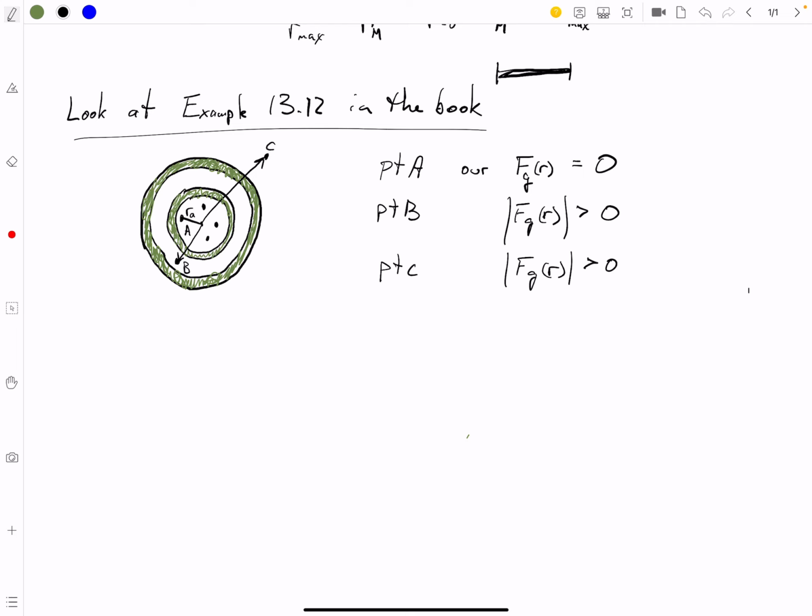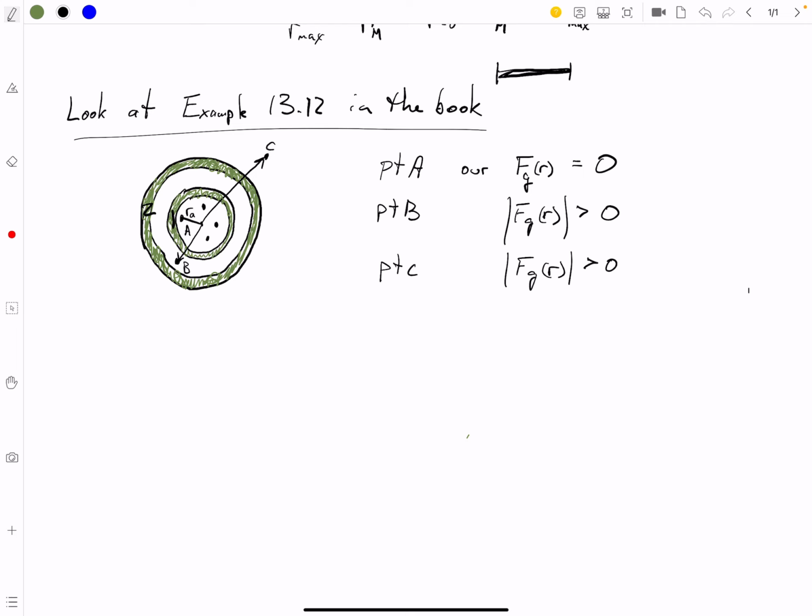However, the inner ring, we'll call it ring 1 and ring 2. The inner ring is ring 1. That's the only mass that point B is attracted to. Okay?